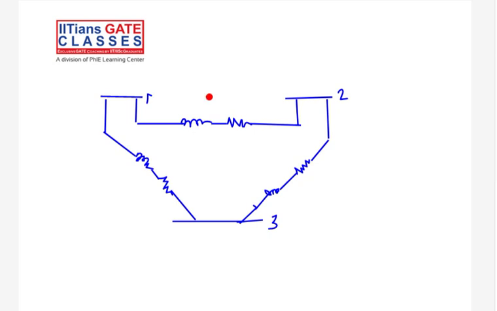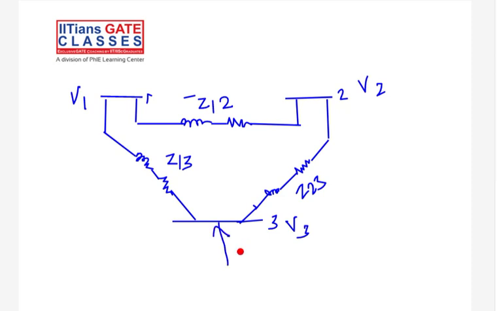So this would be Z12, this would be Z23, and this would be Z13. Okay, and the voltage at this node is V1, voltage at this node is V2, and the voltage at this node is V3. So the current injected to this node would be I1, the current injected at this node would be I2, and at the other node I3.